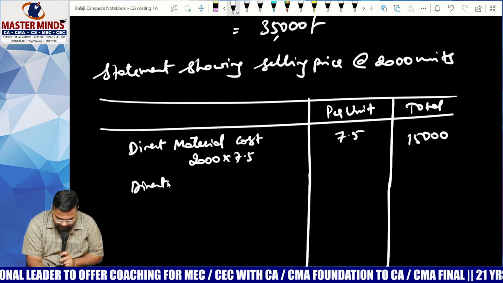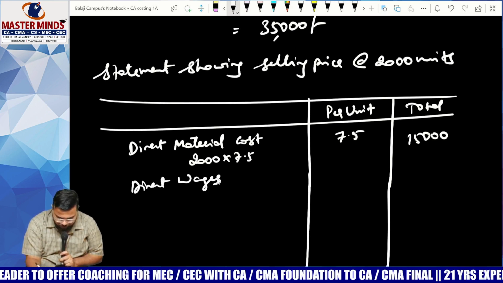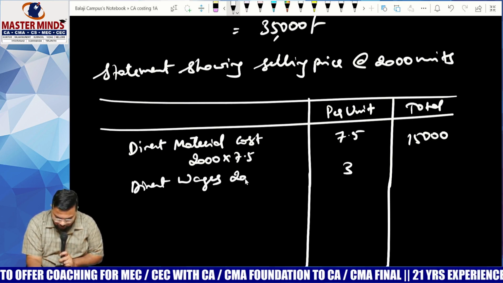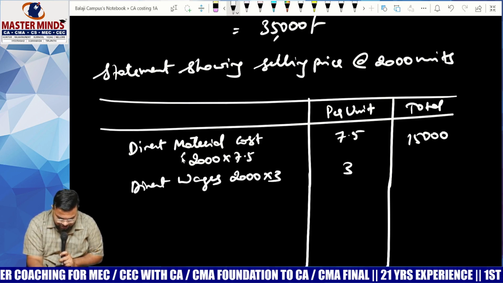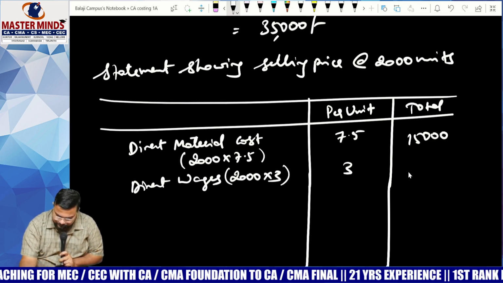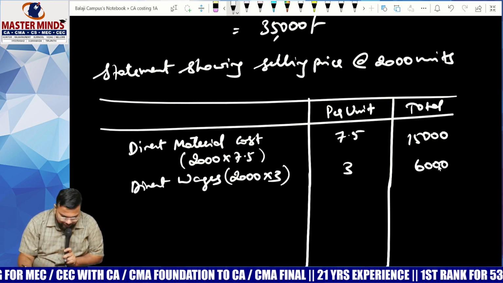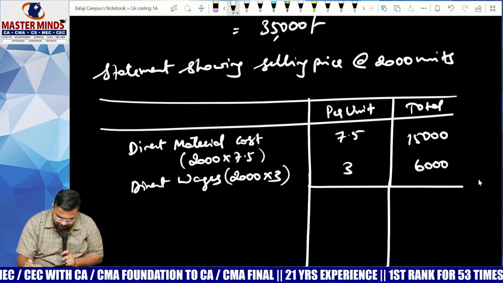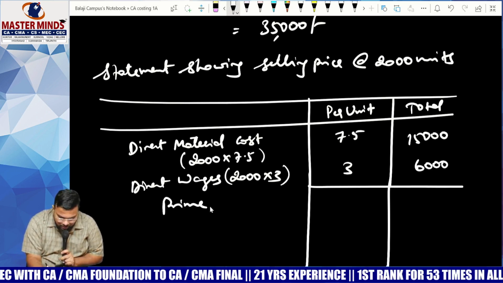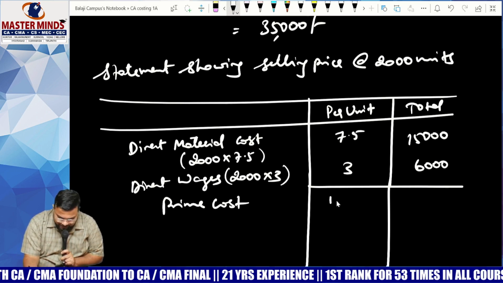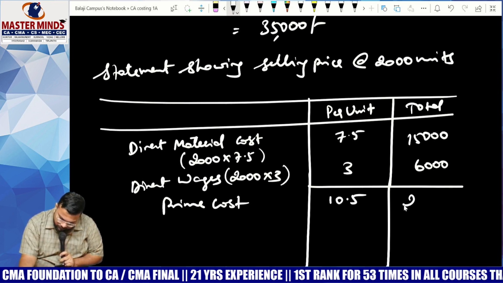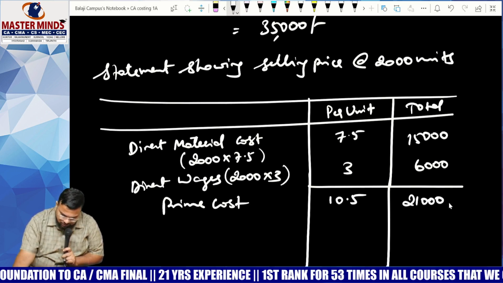Direct wages, 3 rupees per unit, so 2000 into 3, 6,000. There are no direct expenses, right? So if I add these two, I get prime cost. Per unit 10.5, total 21,000.